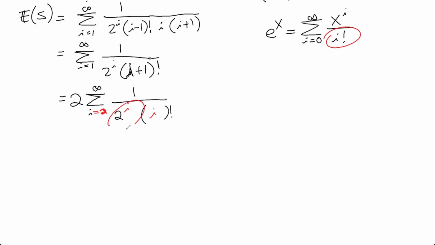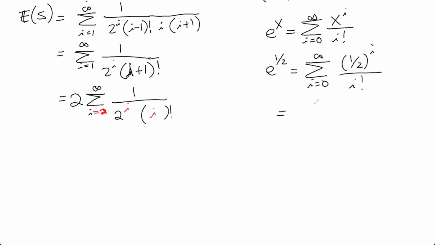As for the 2 to the i in the denominator, I can simply select x to be some appropriate value so that I get 2 to the i in the denominator. And that value is simple to come up with. Simply evaluate e to the 1/2 to get this.